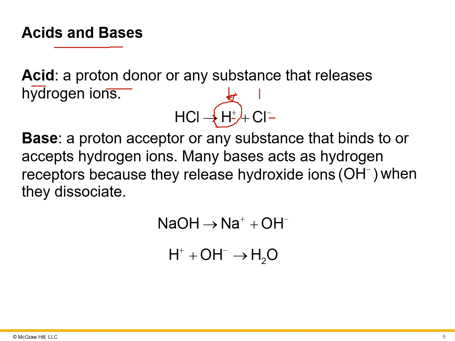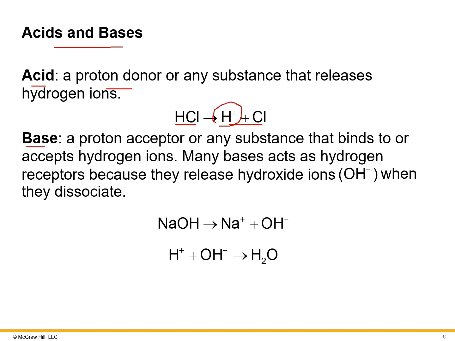Chlorine is an anion. It is negatively charged because it gained an electron. Now in this reaction, hydrochloric acid, we have our arrow here, and our reactant, hydrochloric acid on the left, forms the products hydrogen ions and chlorine ions. So hydrochloric acid is an acid because it is donating hydrogen ions.